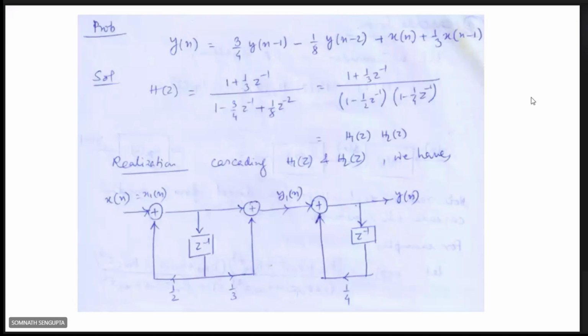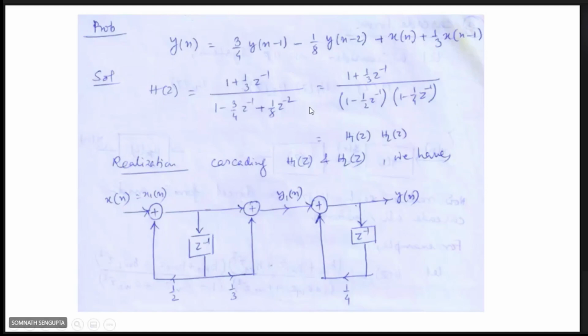It is not shown directly there, but those who are intelligent can easily understand how Yz by Xz is calculated. Take the Z transform, then all terms come under brackets multiplied with Yz and Xz. Then take the ratio Yz by Xz.